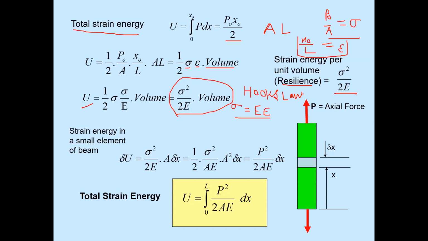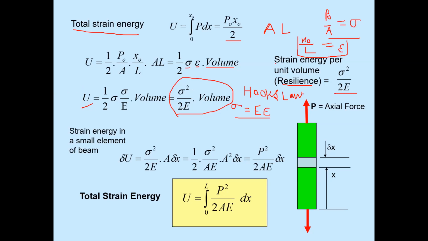There is an importance of per unit volume: the strain energy stored in any member or structure per unit volume is known as resilience. I have made you derive the formula for resilience, sigma square upon 2E. And how does it come? If we take the volume to the left-hand side, U upon volume is equal to sigma square upon 2E.